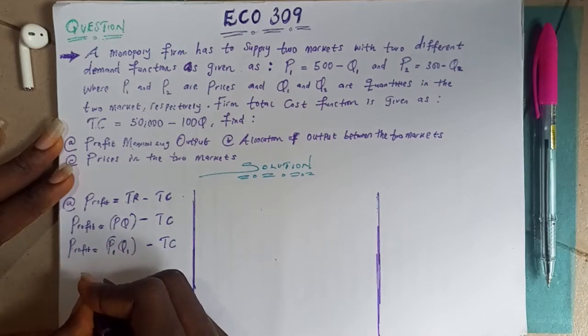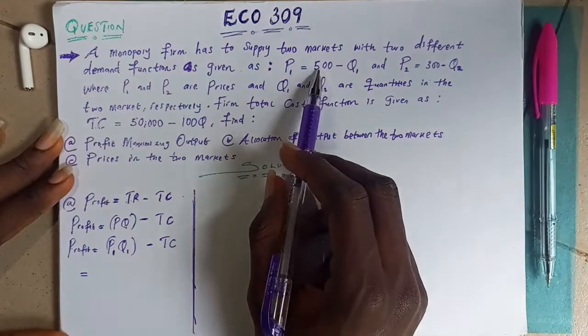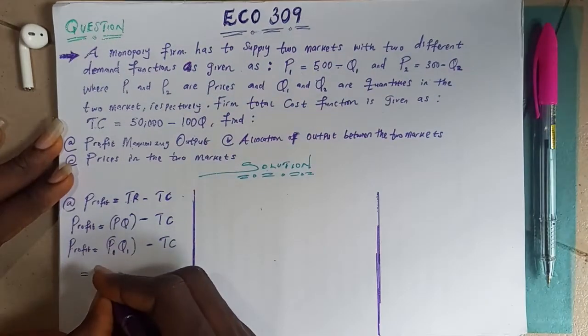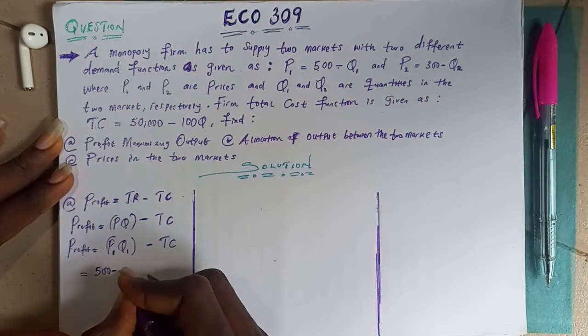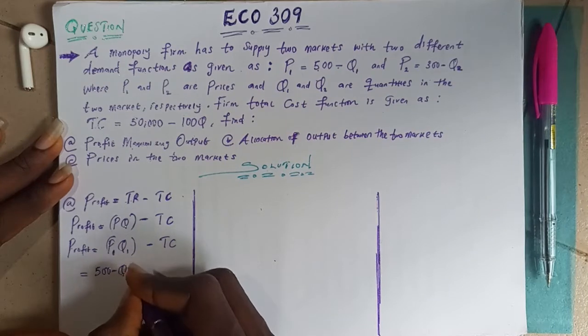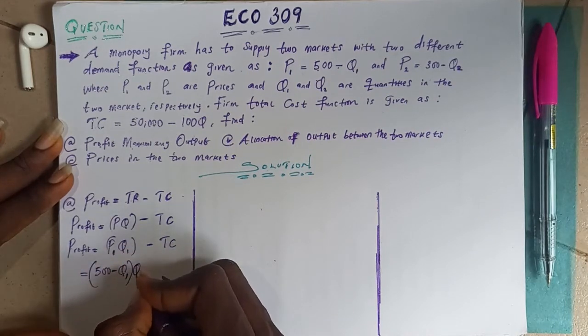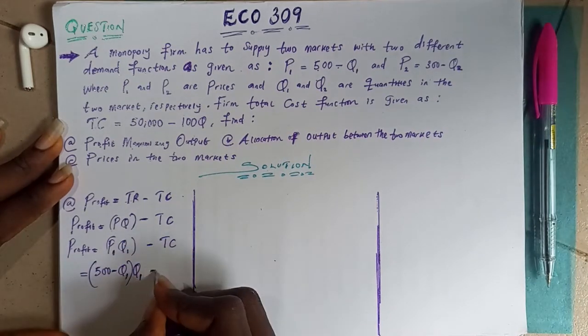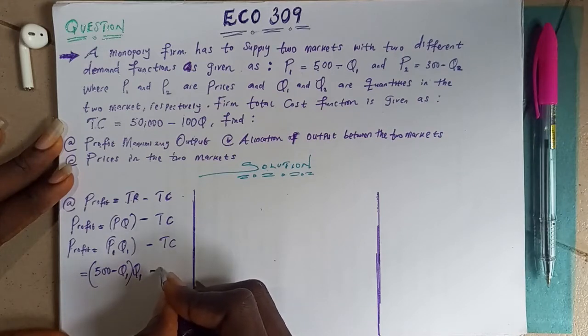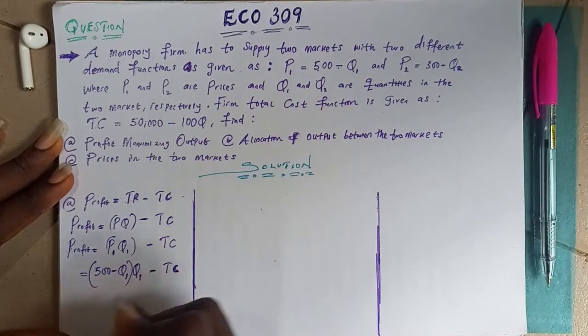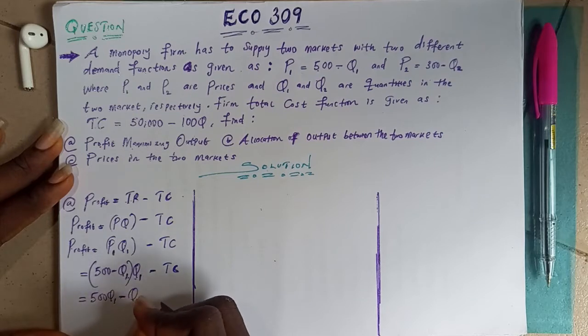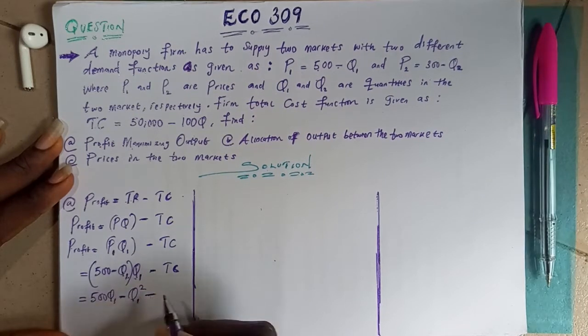The price 1 is 500 minus Q1, multiplied by Q1, then minus the total cost function given to us. By the time we multiply, 500 times Q1 is 500Q1, minus Q1 times Q1, that's Q1 squared, minus the total cost function.